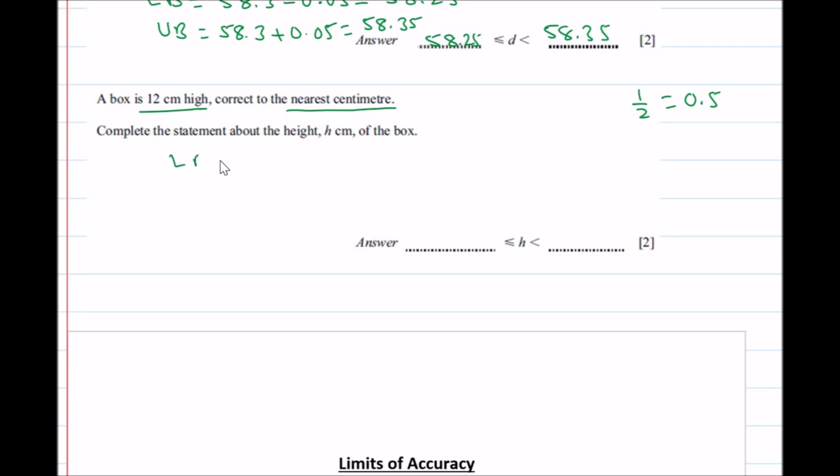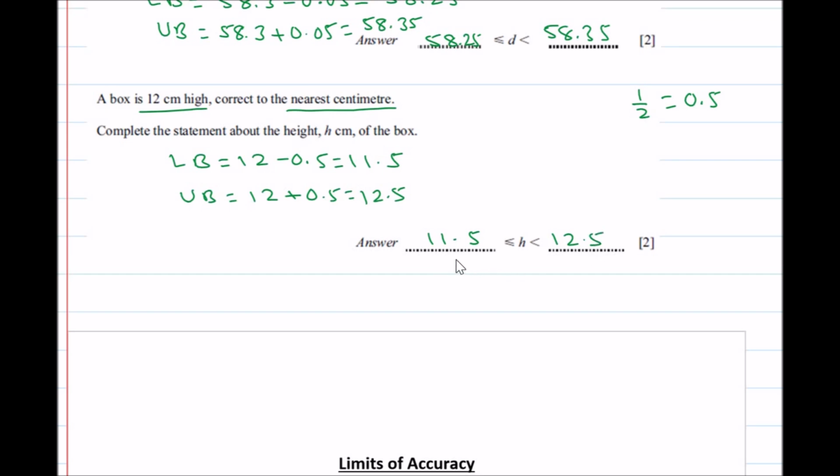So lower bound is equal to 12 minus 0.5, that will be 11.5, and upper bound is equal to 12 plus 0.5, that is 12.5. So the answer you can write here: 11.5, 12.5.